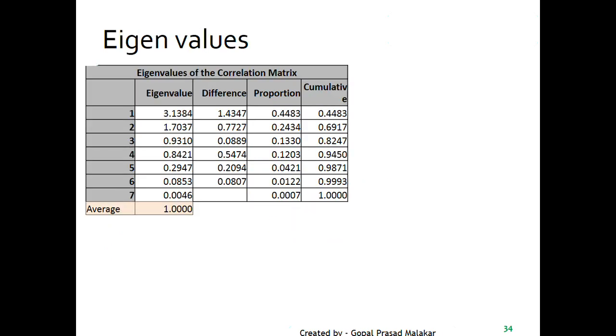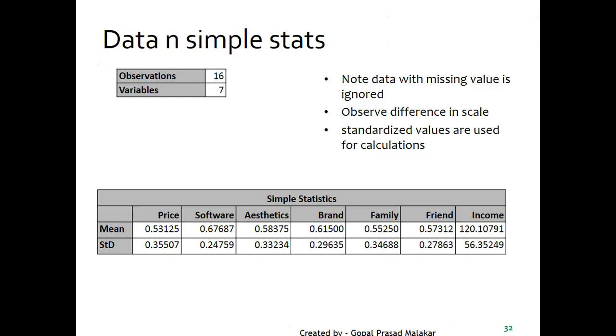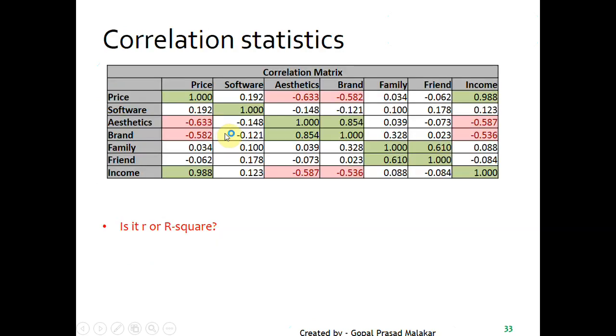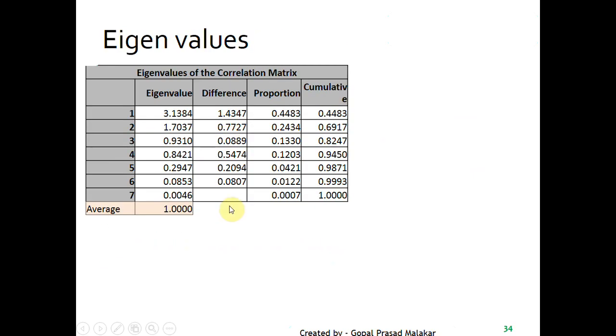Now let's understand what it is doing here. First it is giving you the eigenvalues. There are 7 eigenvalues. Why are there 7 eigenvalues? Think of it: because there were 7 variables, you'll get 7 eigenvalues. Remember the inputs, eigenvalues and principal components.